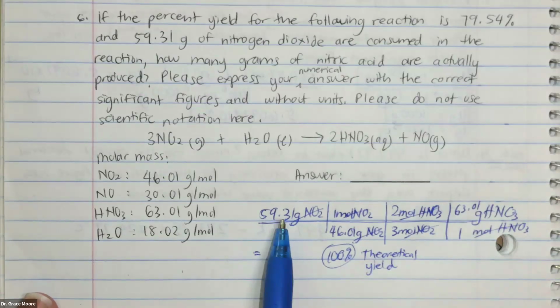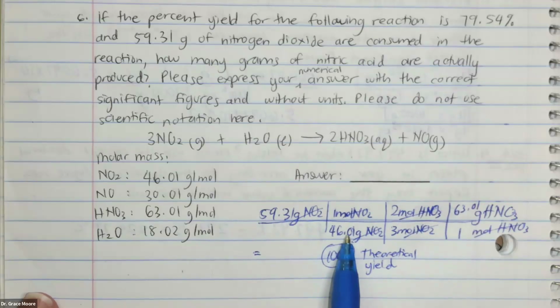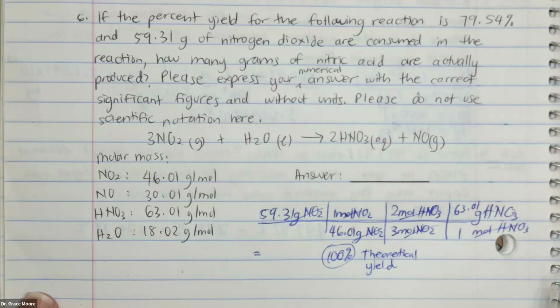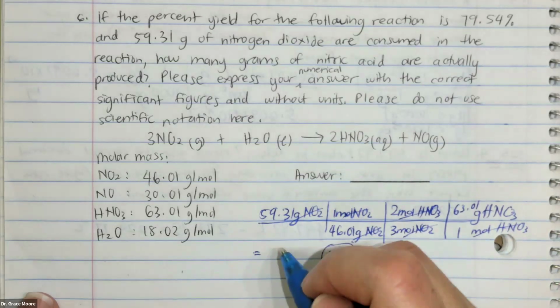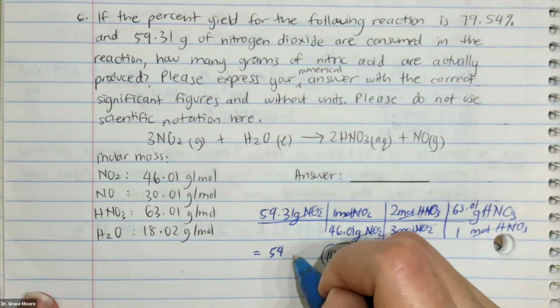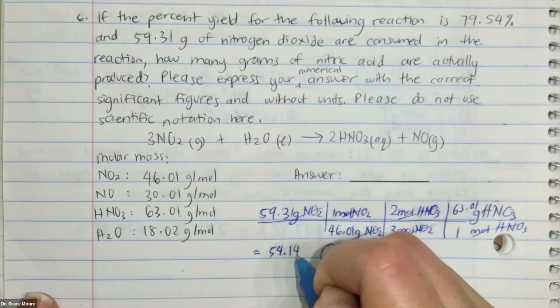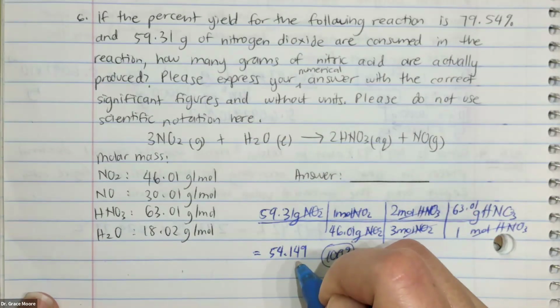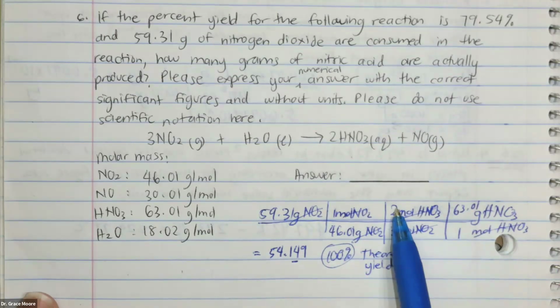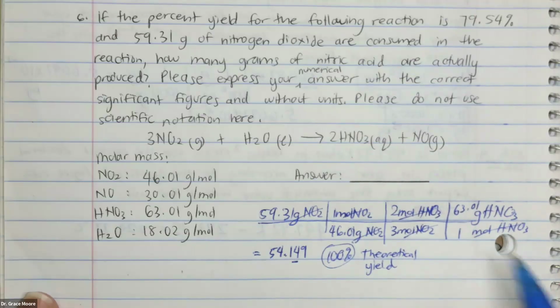So when you put 59.31 divided by 46.01 times 2 divided by 3 times 63.01, that should give you the answer for 100%. I'm going to write down extra numbers, but we'll stop at the 4th sig fig. Again, 4 sig figs, 4 sig figs, unlimited, unlimited, unlimited, 4 sig figs, unlimited.